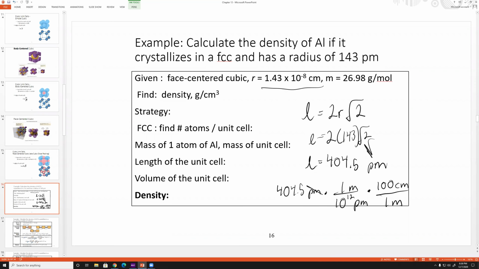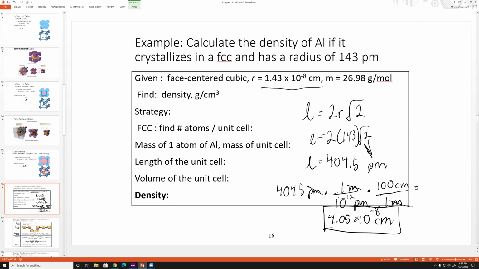Picometers cancel out, meters cancel out, and centimeters prevail. So you're basically dividing by 10 to the 10th. And you end up with 4.05 times 10 to the negative 8 centimeters.